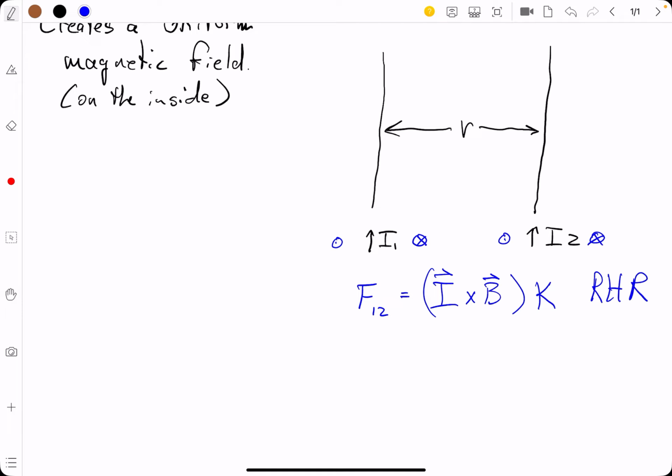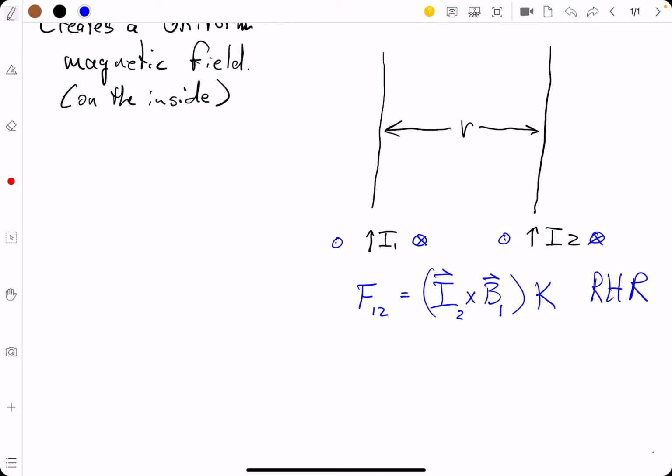However, because this is 1 on 2, I have to do the current of 2, but the B field of 1, okay? So now I do the current of 2, the B field of 1, and I'm going to get that the force is in this direction, okay? So that's the force of 1 on 2 for this situation. Now I don't want to draw my force right there.